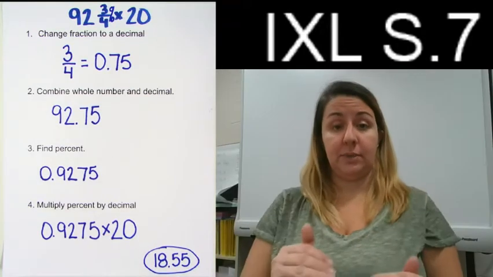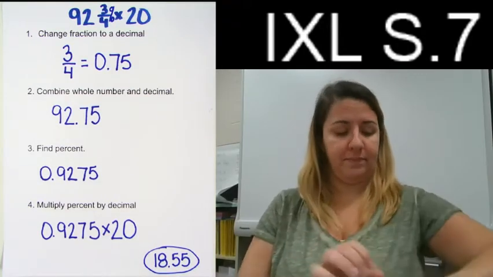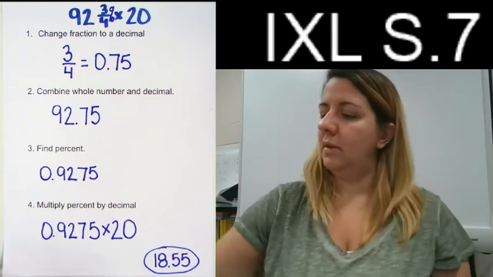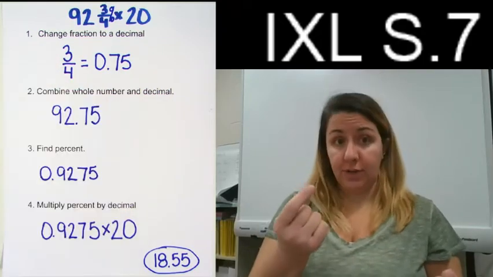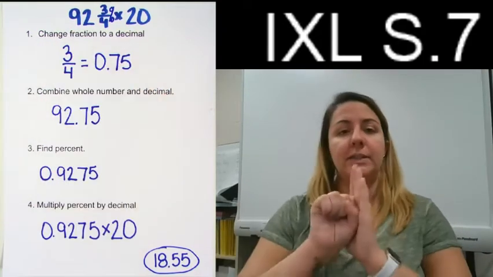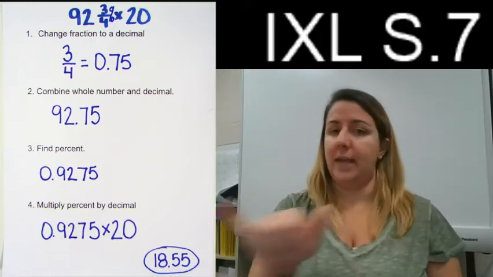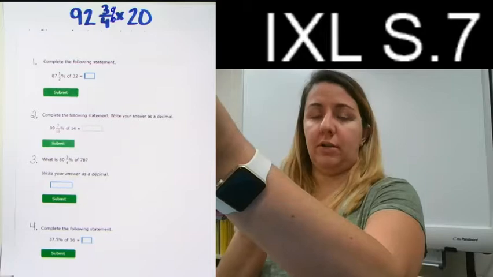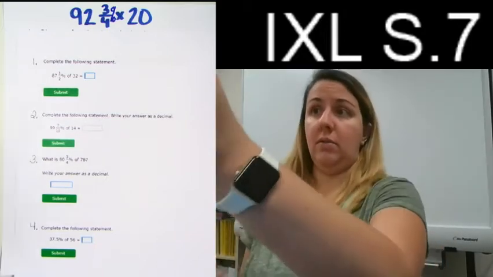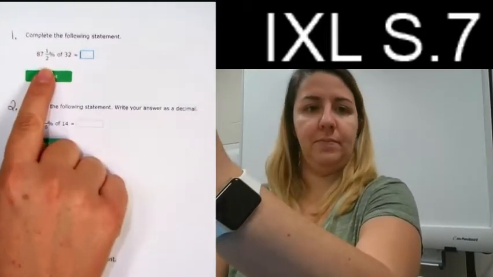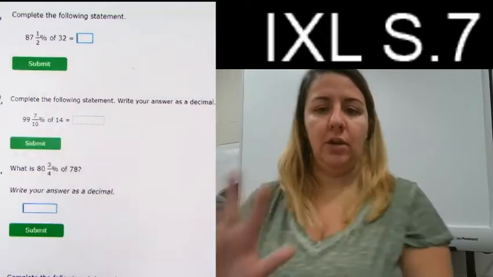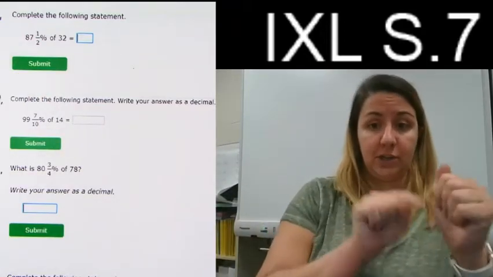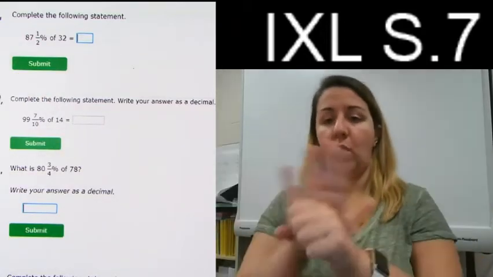These are your steps that you will follow. And there is the sample problem. You see it's the same as what I showed you a minute ago. Your whole number with a fraction percent of a whole number.